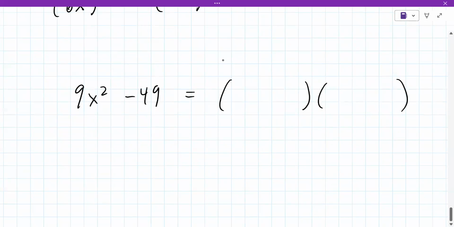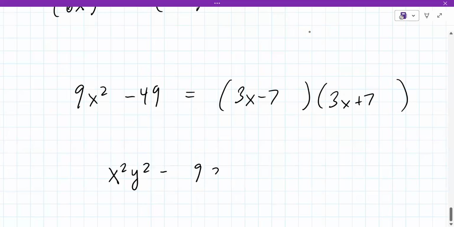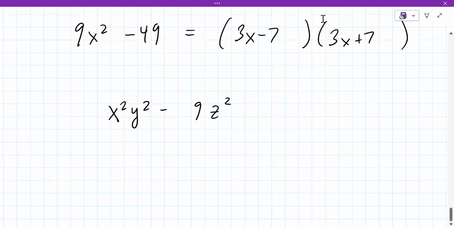All right, here's one for you to try. What does this become? 3x minus 7, 3x plus 7. Very good. I don't know if we have any more. I'll just work through this one real quick for you. So let's say it's x squared y squared minus 9z squared, for example.